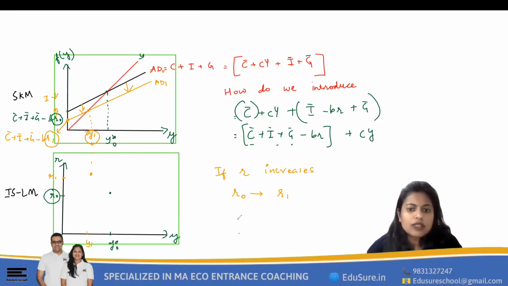What if R falls from R0 to R2? Investment will actually rise, so there will be a higher intercept.